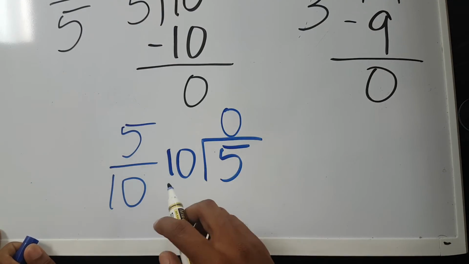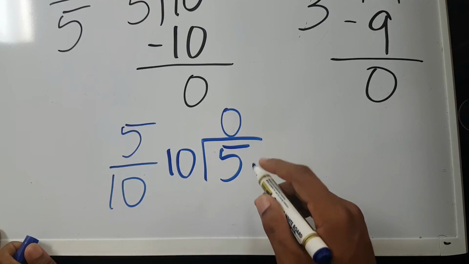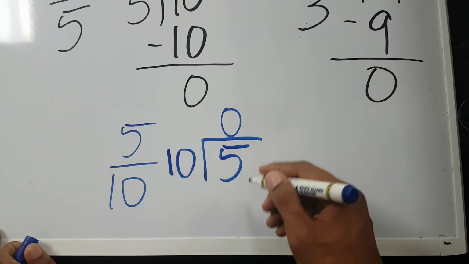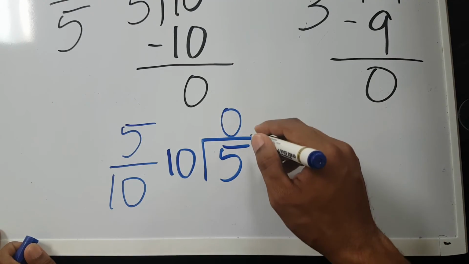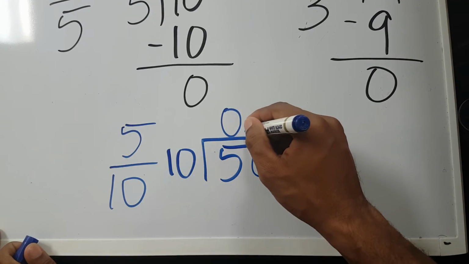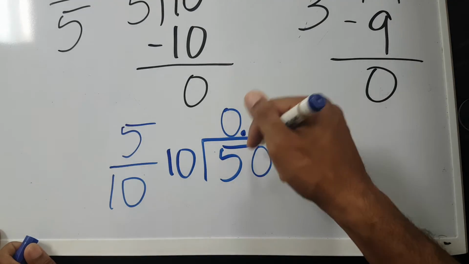You should put 0 because 10 is bigger than this number, correct? But there's a rule. You can't just leave it at 0, that's not complete. So you are going to add a 0 here. Okay? And when you add a 0 here, you put a decimal here. They call it dropping the 0 down.